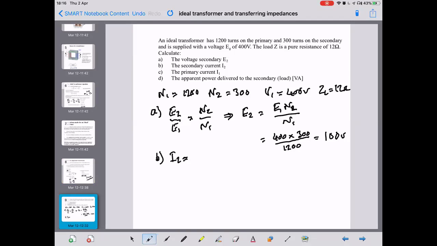You've been supplied the values for the turns ratio, so if you use the turns ratio against the current and rearrange that, you'd get I1 over I2. But both currents are unknown at the moment. Oh yeah, they are. I'm being a helmet.